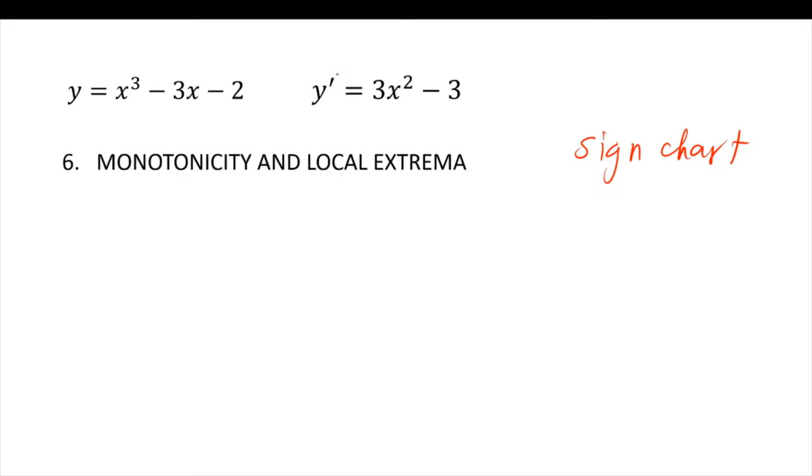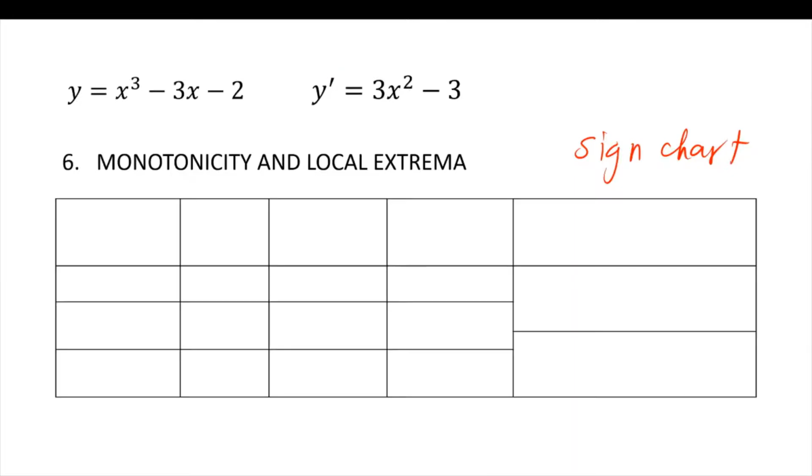From the sign of the first derivative, we can conclude whether it's increasing or decreasing for a particular interval. So let's start with the intervals, based on the critical values. Remember that we obtained x equal to positive and negative 1 as the critical values earlier. These values divide the number line into regions. Let's say this is negative 1, this is positive 1. So these are the regions.